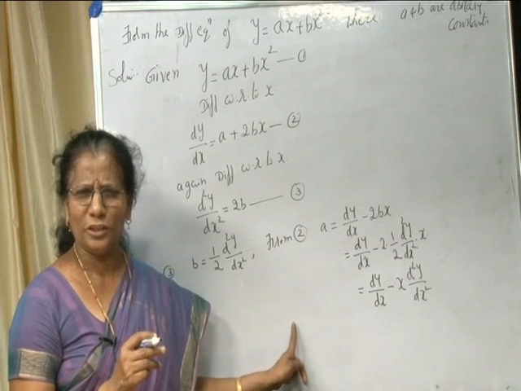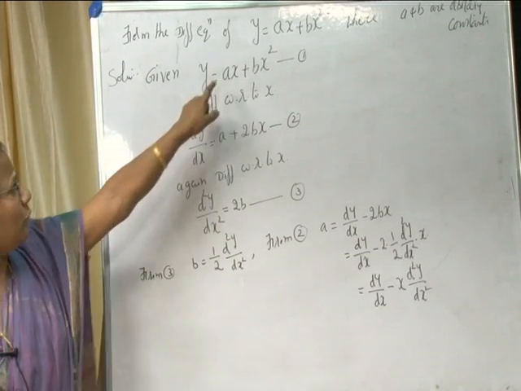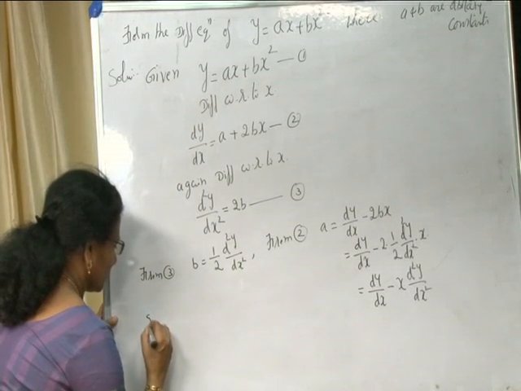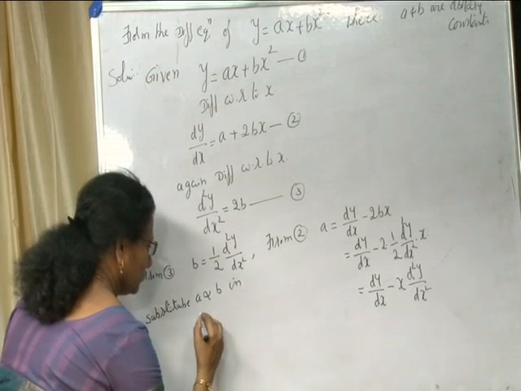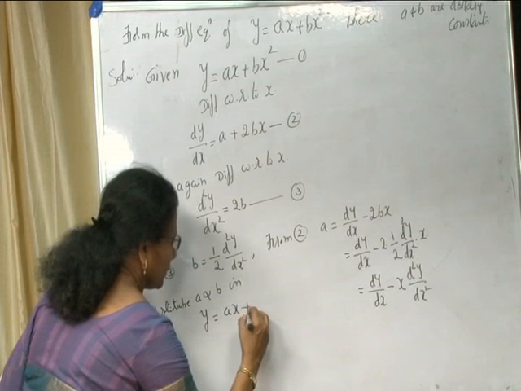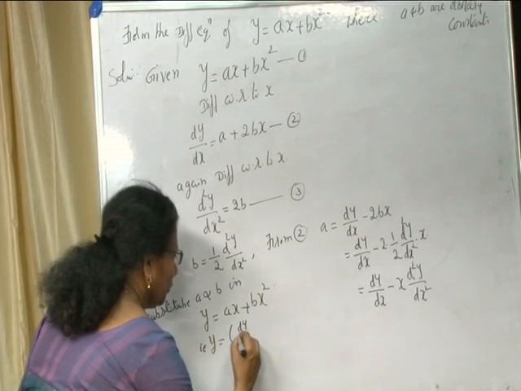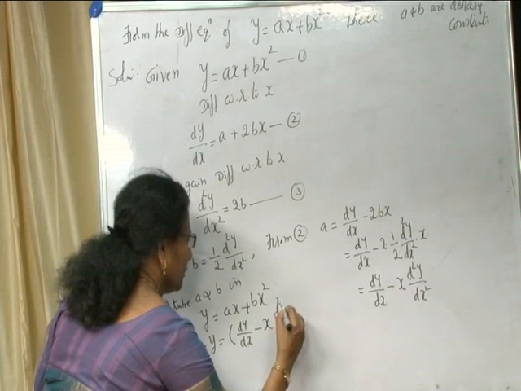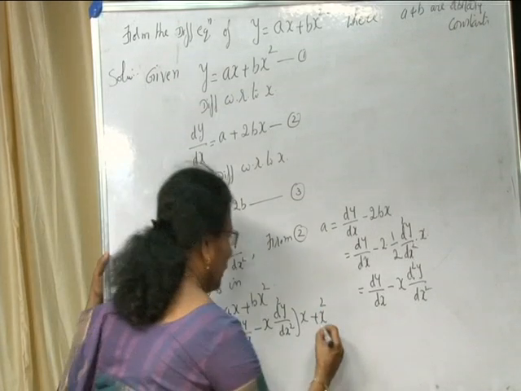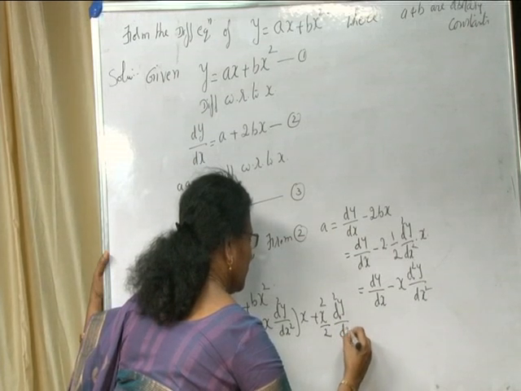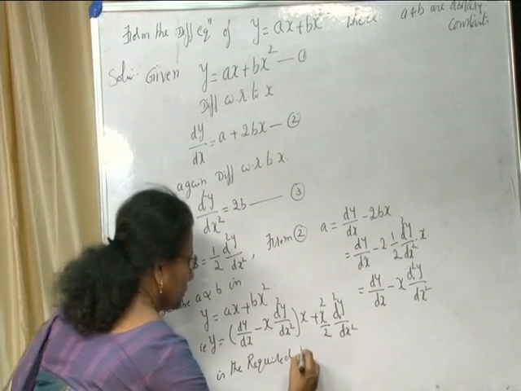So see here, in this equation directly by differentiating we didn't get the differential equation. In this equation we have to substitute the arbitrary constants values in the original function. Substitute a and b in y is equal to ax plus bx squared, that is y is equal to a value, dy by dx minus x into d squared y by dx squared, into x, plus x squared by 2 d squared y by dx squared, is the required differential equation.